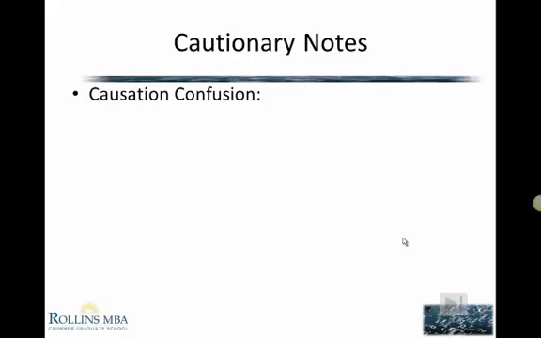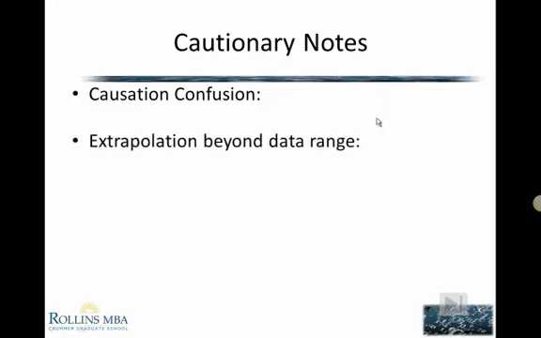What we don't know is anything about the reality of causation. Is the variable x causing the variable y, or is the variable y causing the variable x? Or maybe the two of them just both happen to be related to some other variable that's the actual cause. Well, regression analysis is not the tool that'll give us the information on that. So don't assume causality where there might not be any.